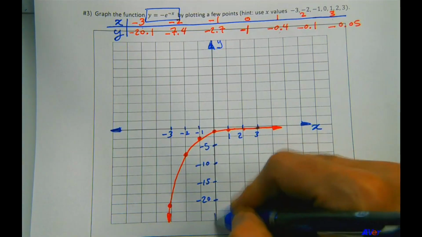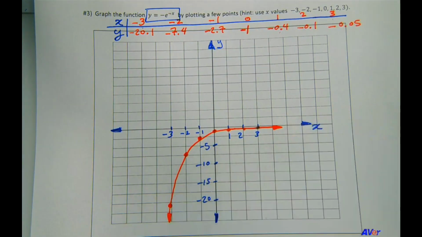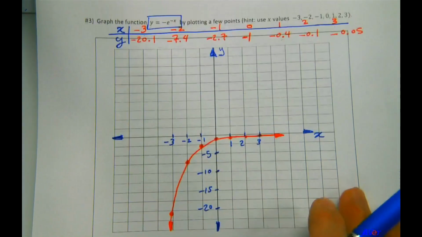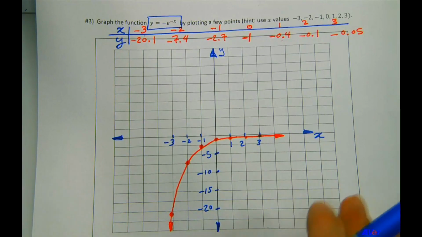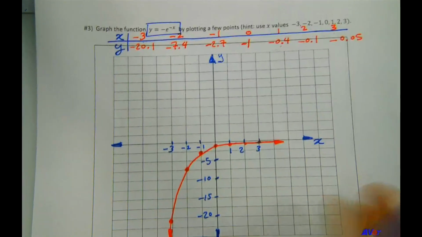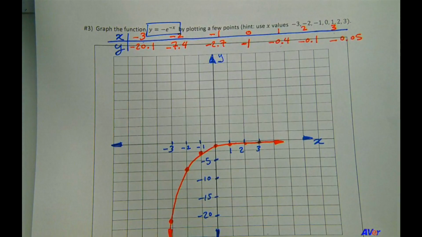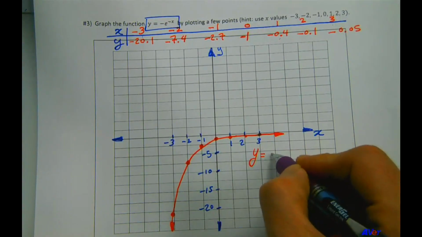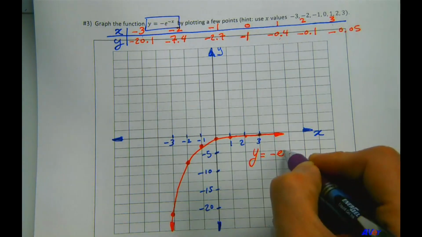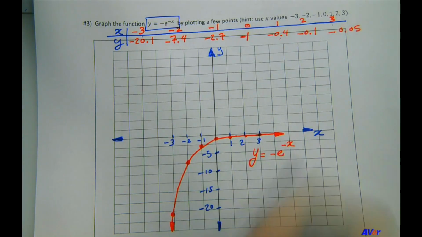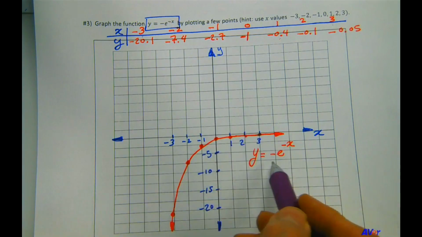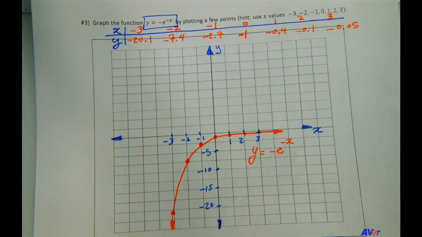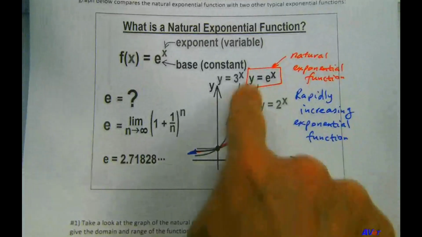All right? But we could predict this, right? Using the transformation of functions, we could predict this because this function in red is the graph of minus e to the minus x. E to the x, as we saw on the first page, has this kind of behavior.